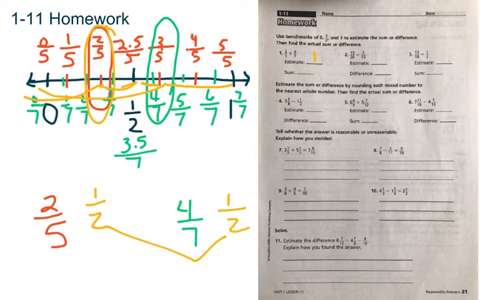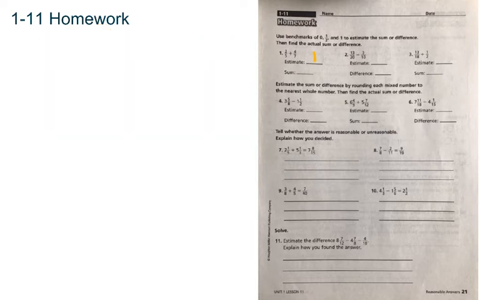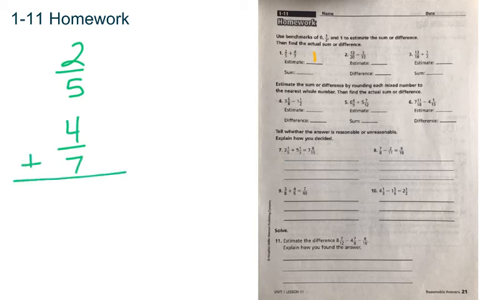Now, if you were to actually add them together, you're going to need to find the sum, and that means you're going to need to find a common denominator. And you have 2/5 plus 4/7. And 35 is going to be the denominator that I'm going to use. I'm going to multiply top and bottom here by 7. And I'm going to multiply top and bottom down here by 5.